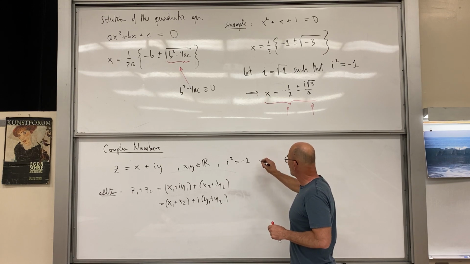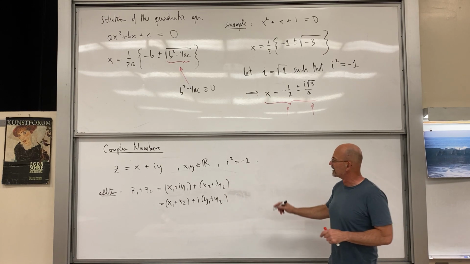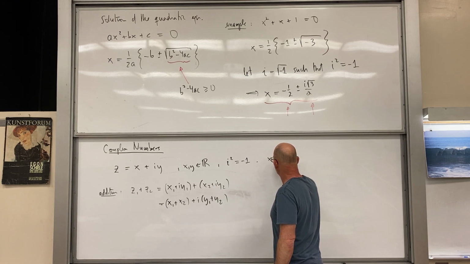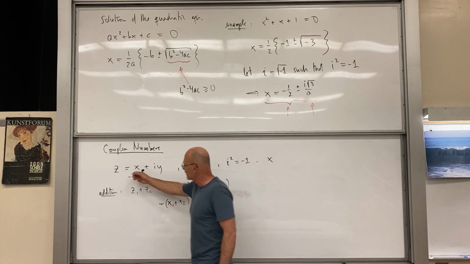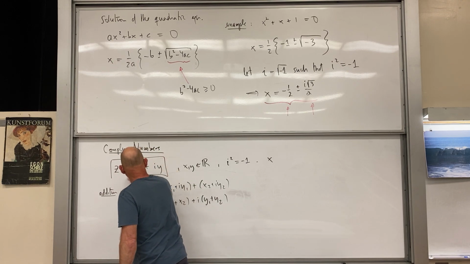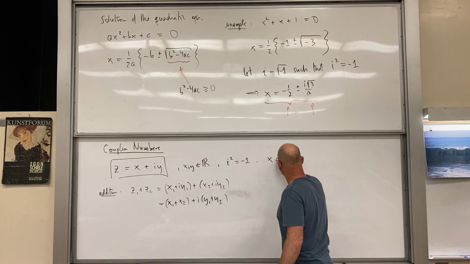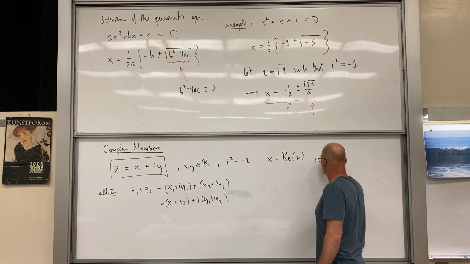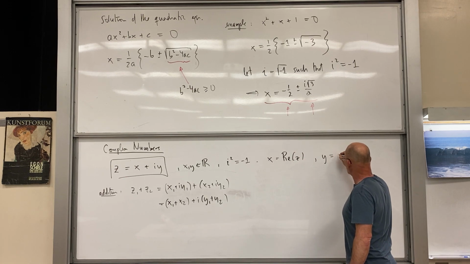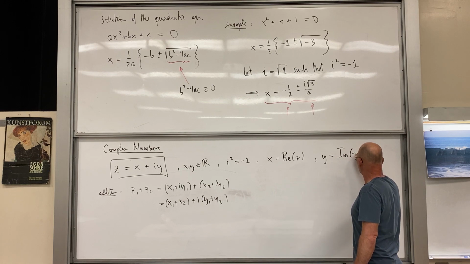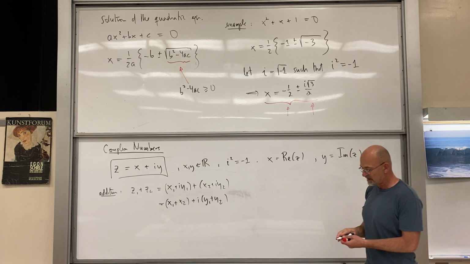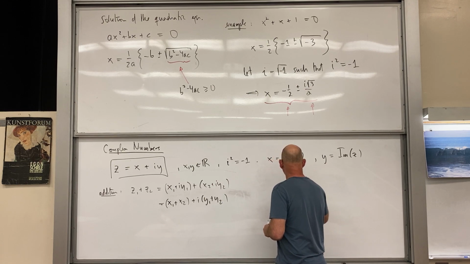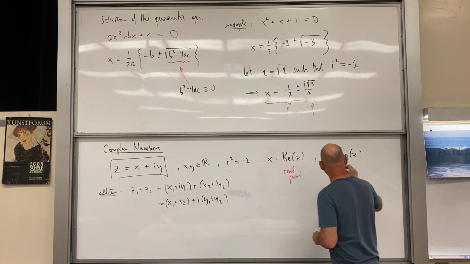As said before, I'll add this to the original definition here. x, referring to z right here, x we call the real part of z. y we call the imaginary part of z. I'll put that here in words as well. The real part and the imaginary part.